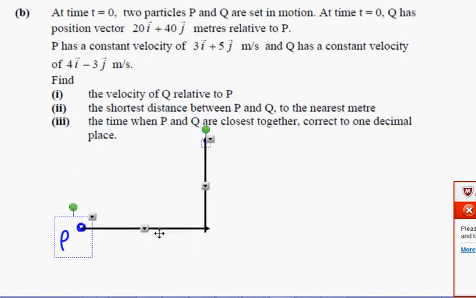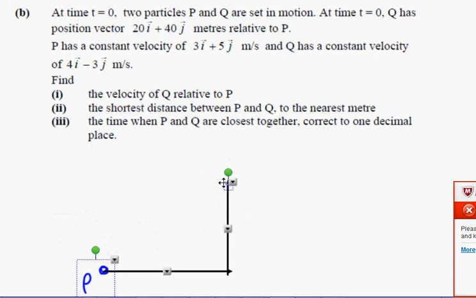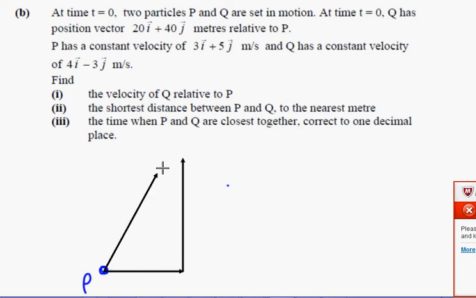Why am I not doing it justice? Because opposite should be taller than adjacent. So I'm just going to make it a bit more accurate. There you go, a bit more justice there, with that sort of angle. So that's the angle in between the two of them. And what we have here is 20 and 40. And then we have Q here.